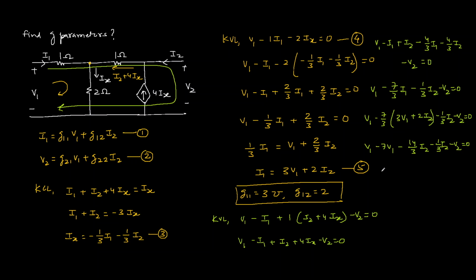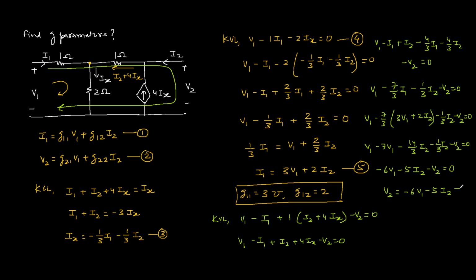So 1 minus 7 is minus 6 V1, and then minus 14 minus 1, which is minus 15 by 3. Minus 15 by 3 is minus 5 I2 minus V2 equal to 0. So V2 is simply minus 6 V1 minus 5 I2.